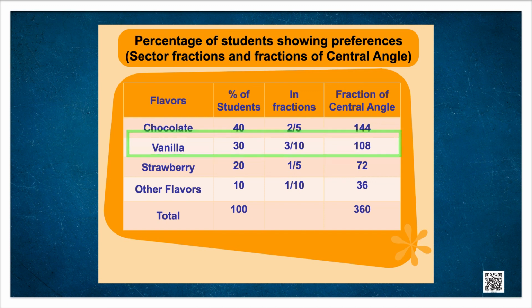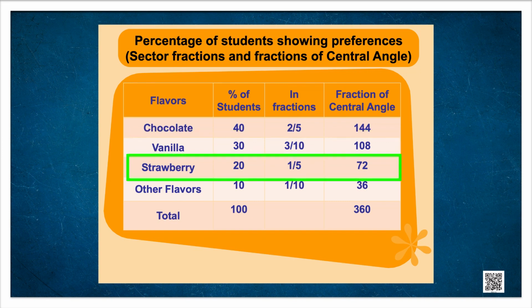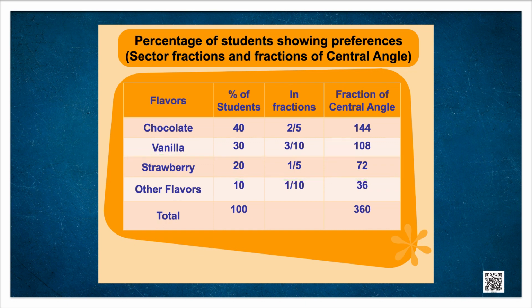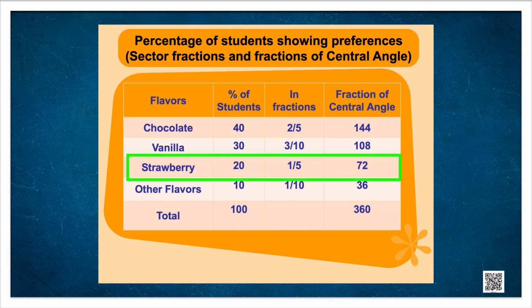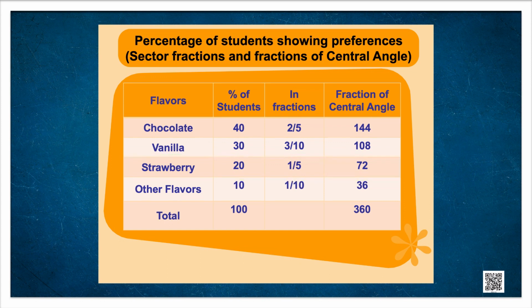That means 30 divided by 100, that is equal to 3 by 10. 3 by 10 of 360 is equal to 108 degrees. For strawberry, 20%. 20 divided by 100 is equal to 1 by 5. 1 by 5 of 360 is equal to 72 degrees.